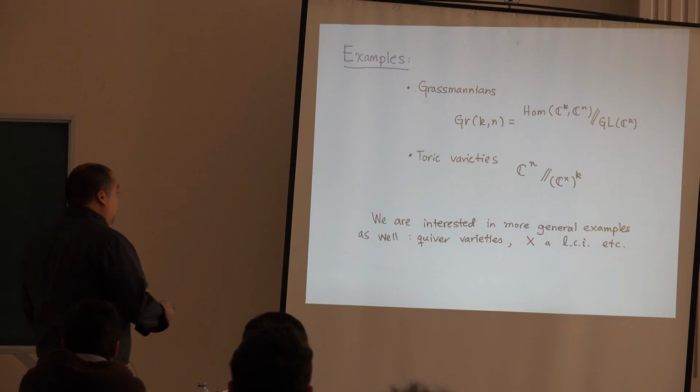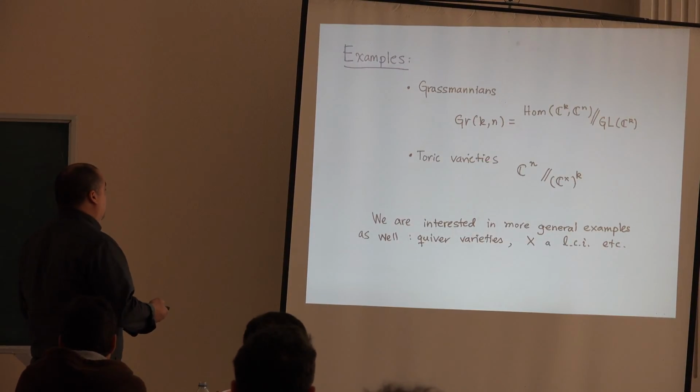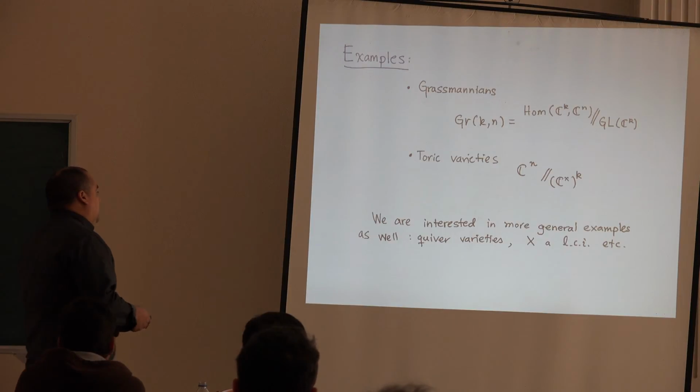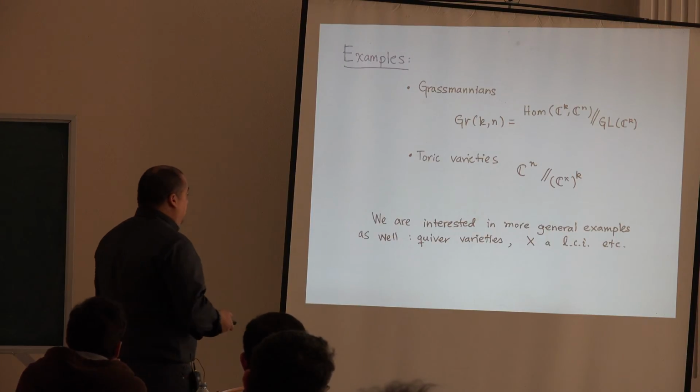So typical examples, and these are the toy models that I want to test the theory on first, are the Grassmannian and toric varieties. At least when I started this project, it wasn't clear if there were presentations of the quantum K-theory for all toric varieties, and also a nice presentation for the quantum K-theory of the Grassmannian, so it was a nice point to start.